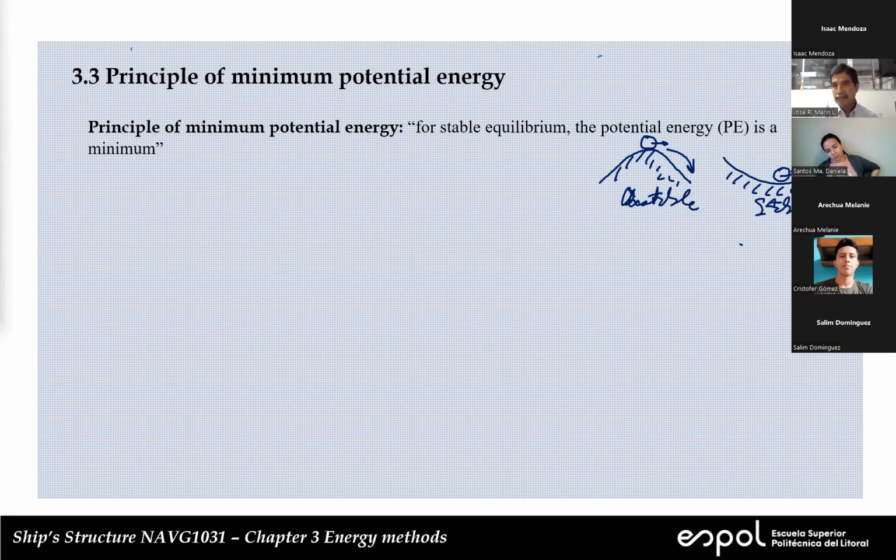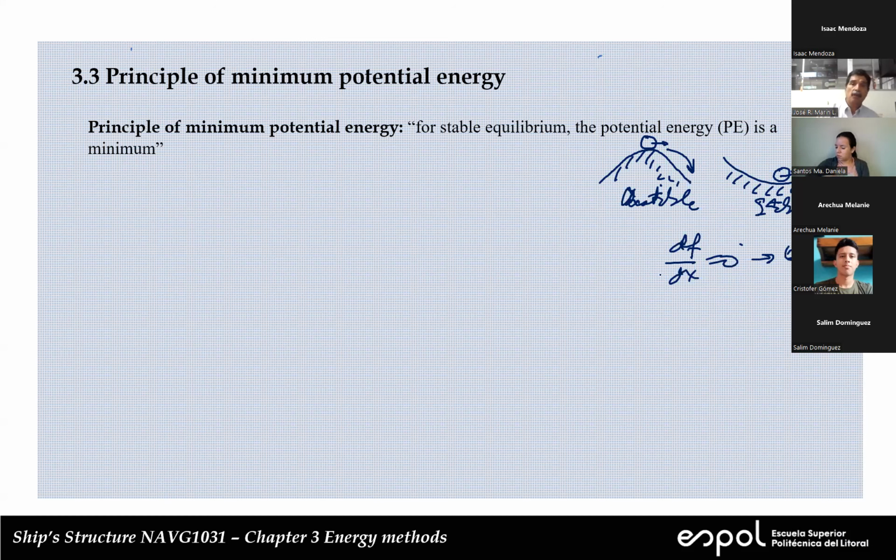Anybody remembers? If you have df over dx equal to 0, you find an extreme, right? But is it a maximum or minimum? With the second derivative. Exactly, with the sign of the second derivative. So we have to be careful with that, okay?